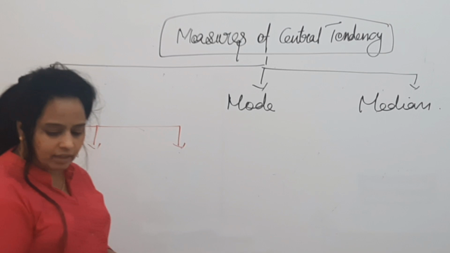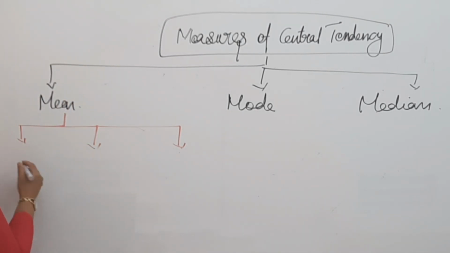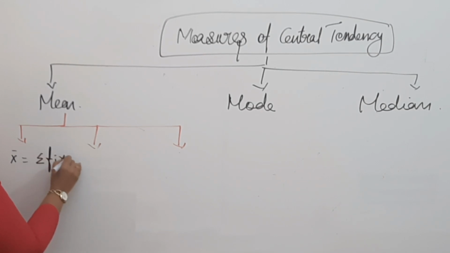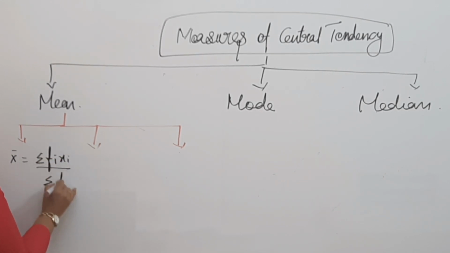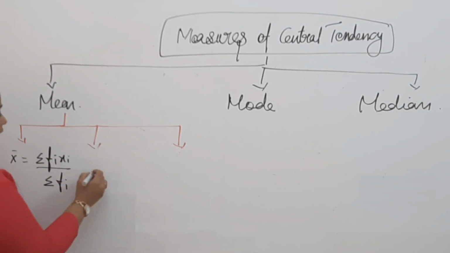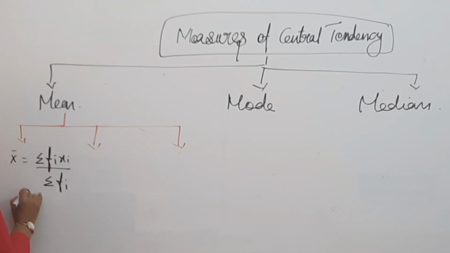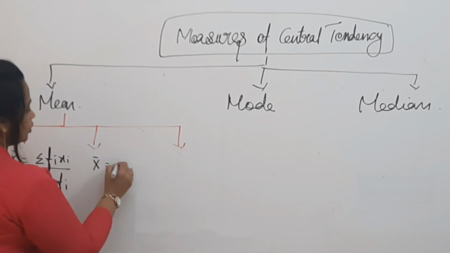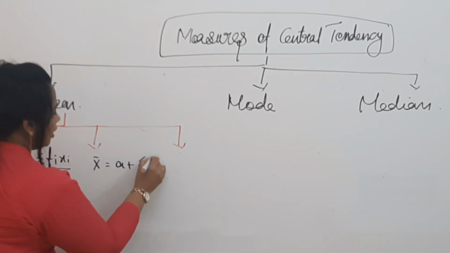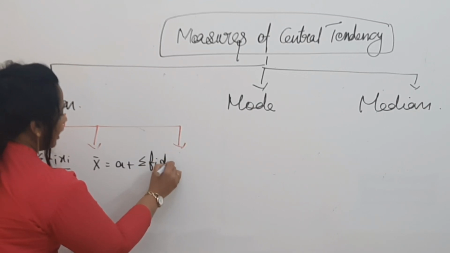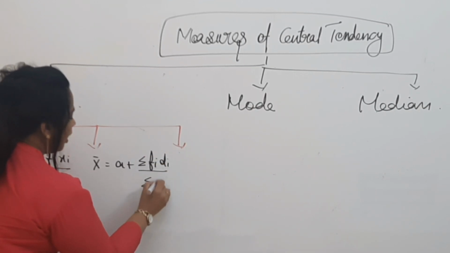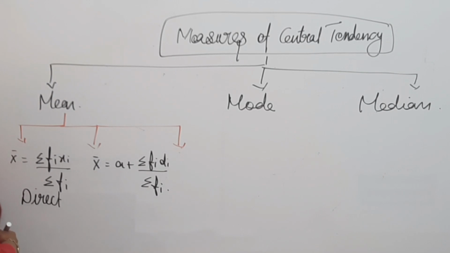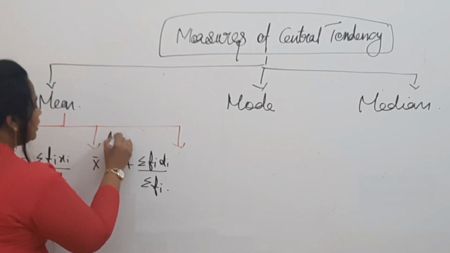The first method is the direct method: x bar is equal to sigma fi xi divided by sigma fi. The second method is x bar is equal to a plus sigma fi di divided by sigma fi. This is called the assumed mean method.